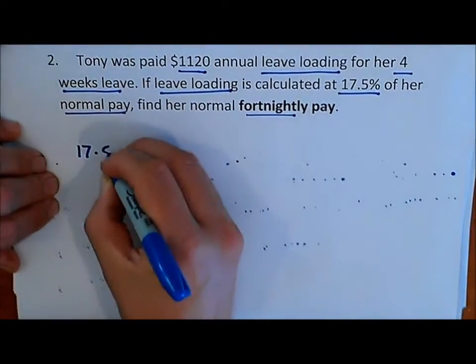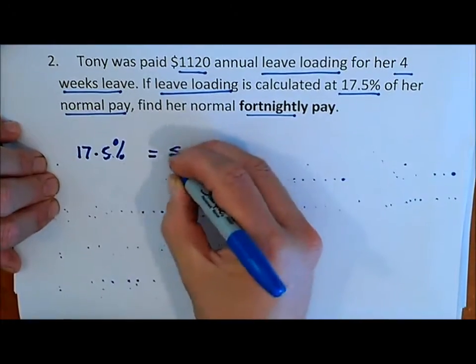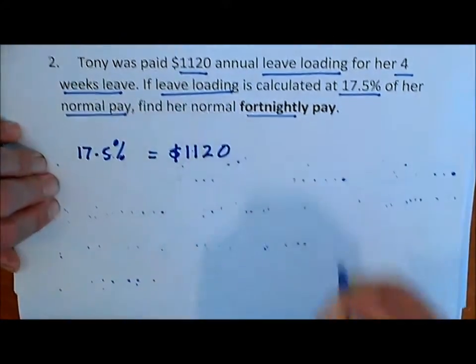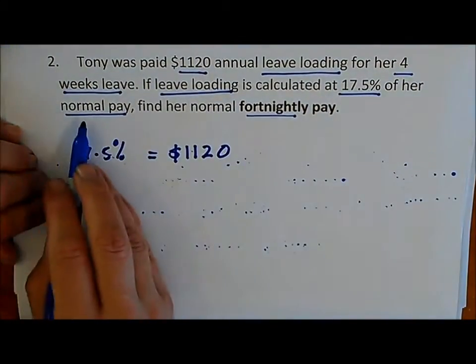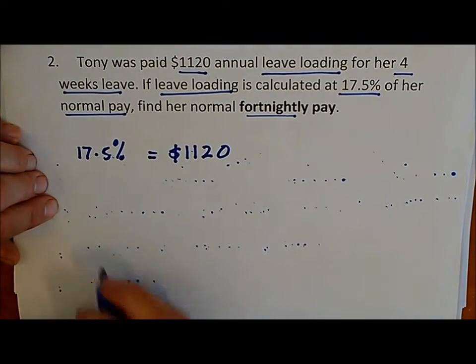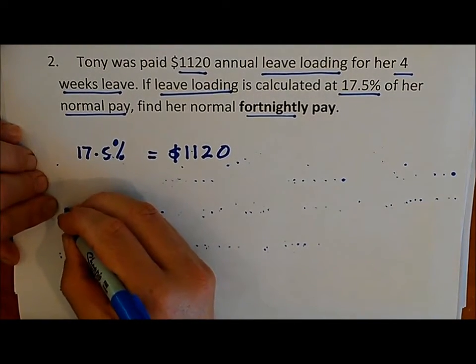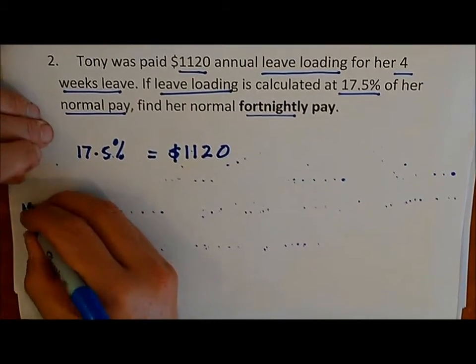So 17.5% is $1,120. They want us to find her normal pay. So her normal pay is going to be 100%.